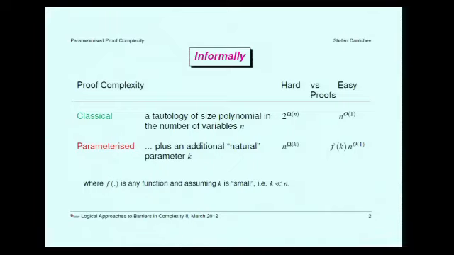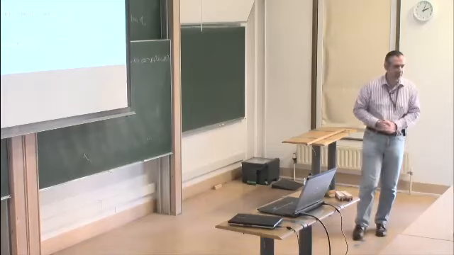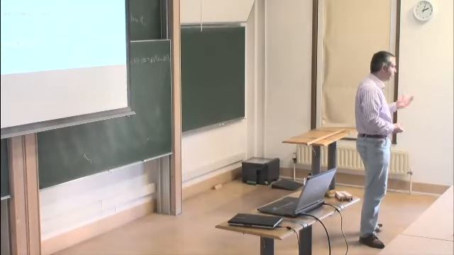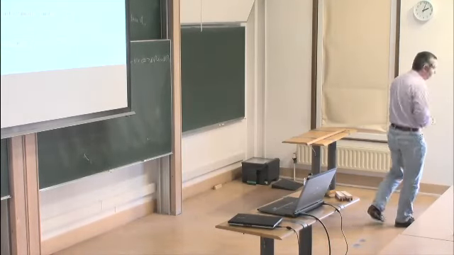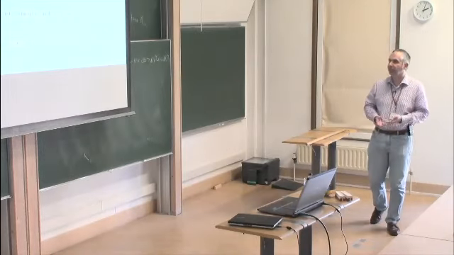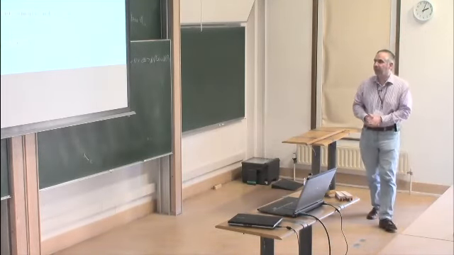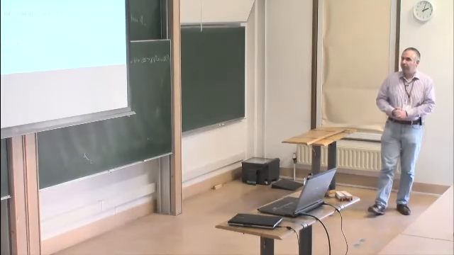Well, what do we do to parameterize it? Again, we have a tautology, and the number of variables is the measure. But now we have some additional number k, which is a parameter. And it makes sense to consider natural parameters. This is something which is not well defined, and it will become clear as the talk goes.